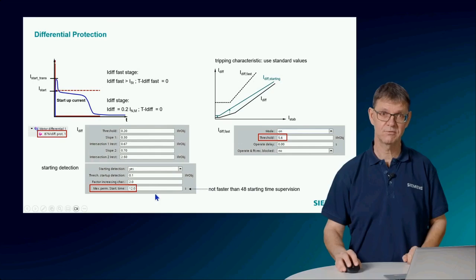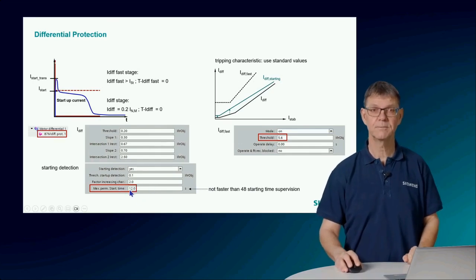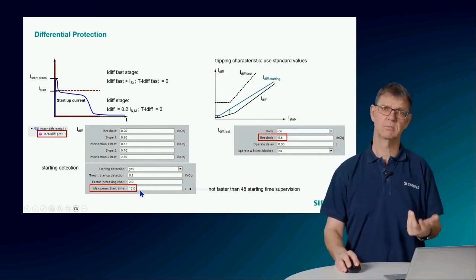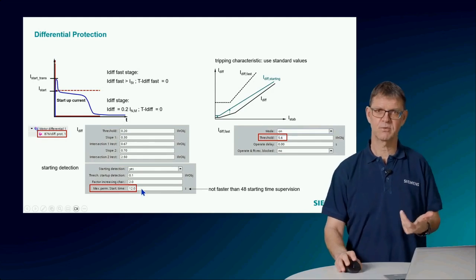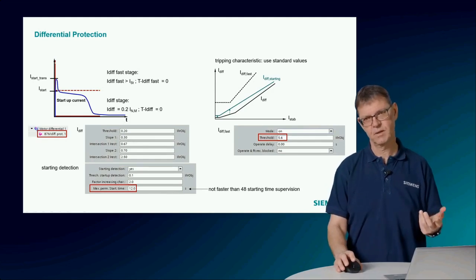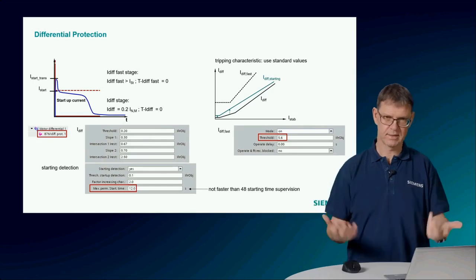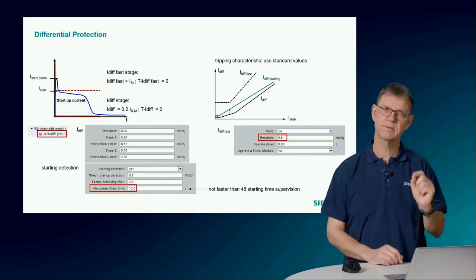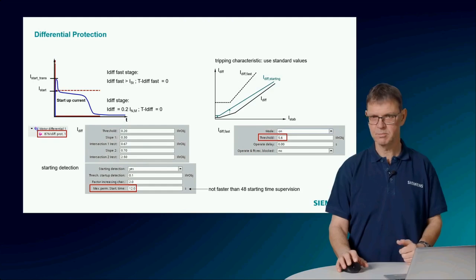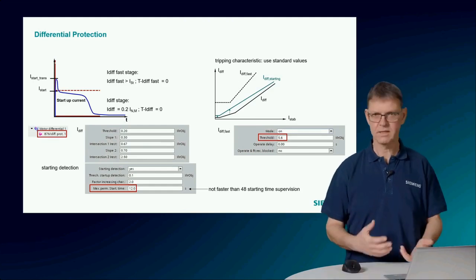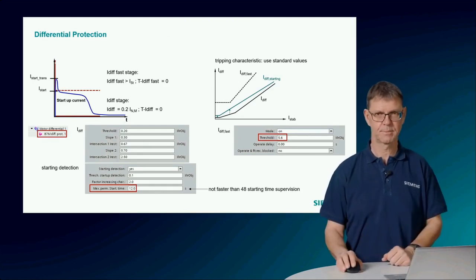Therefore, I took here a value which we see later, which is the maximum starting time coming from the starting time supervision. But again, as always with a setting, there is a portion of philosophy behind it or personal taste, depending on what is required.